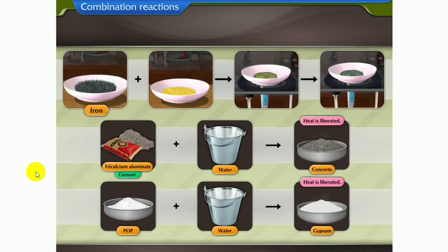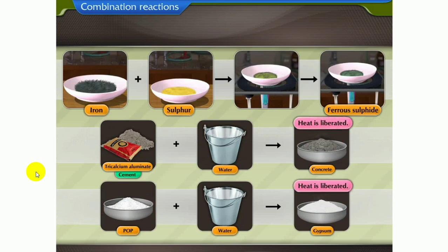The reaction between iron and sulfur requires heat to form ferrous sulfide. During combination reactions, the reactants may liberate heat or require heat to form products. Let us perform some combination reactions to understand this better.